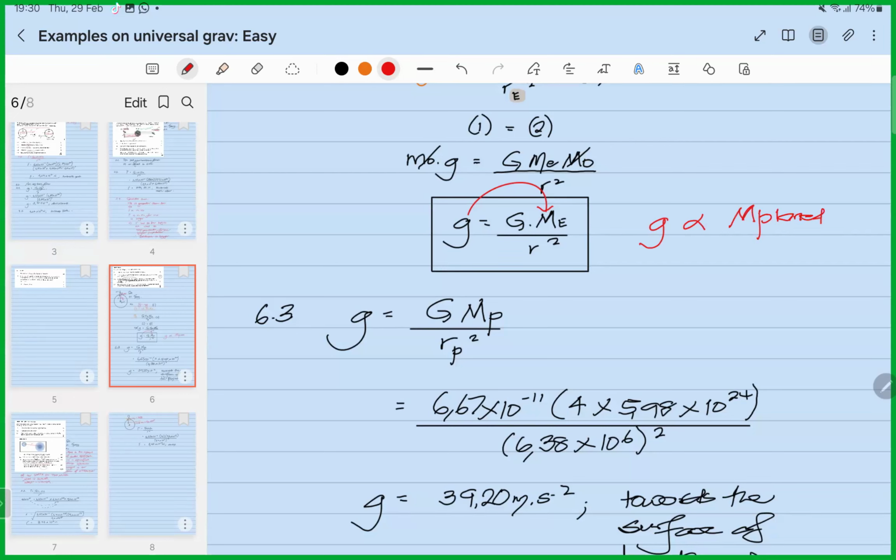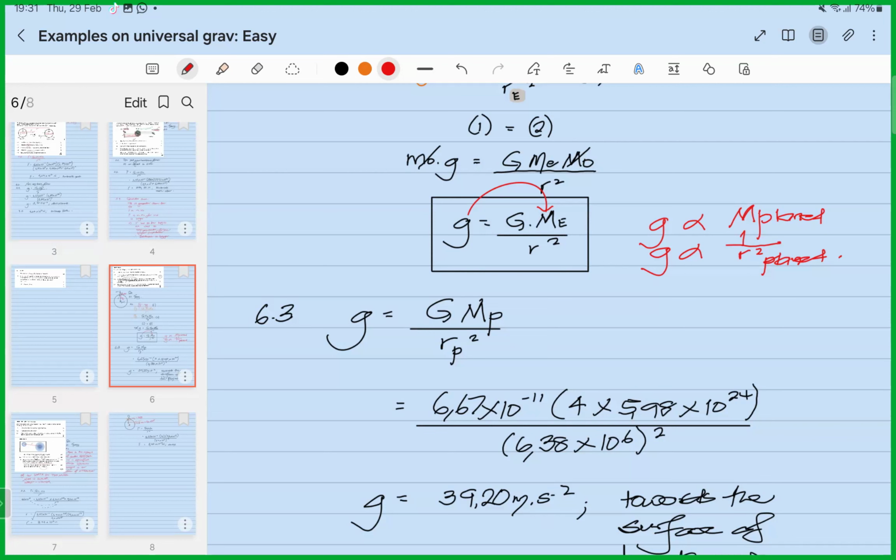The same g is inversely proportional to the square of the distance from the center of the planet. What does that mean about the mass of the man placed on the planet? He won't affect the acceleration due to gravity on the planet, because the acceleration due to gravity on the planet is not dependent on any object that you place on the surface of the planet. It's only dependent on the mass of the planet and the radius of that planet.